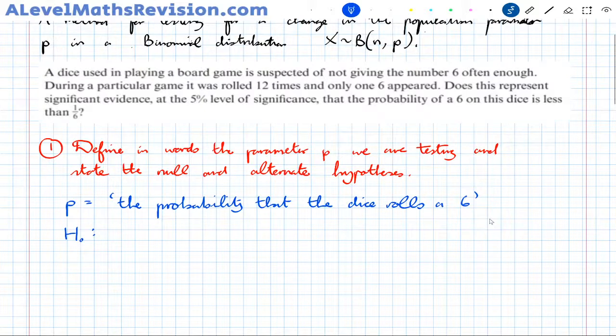So our null hypothesis for the dice is that the probability is indeed 1/6. Some wrong ways of writing this: H0 equals a sixth, no marks. H0 equals P equals a sixth, no marks. Has to be H0 colon P equals 1/6. So this is the industry accepted standard.